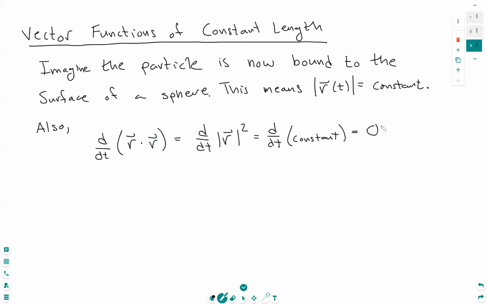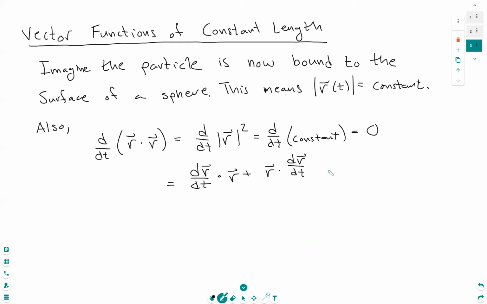so we just get 0. Another way to do this is the product rule. This is dr/dt dotted with r, plus r dotted with dr/dt.